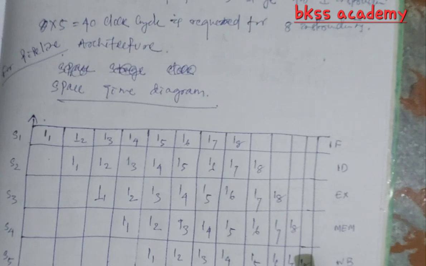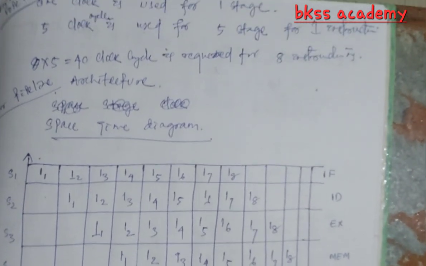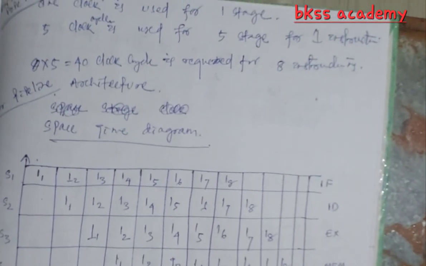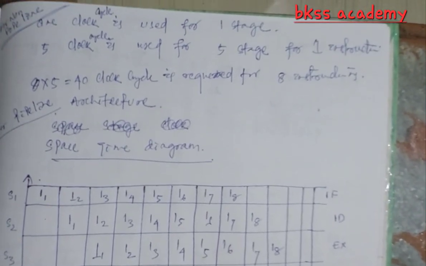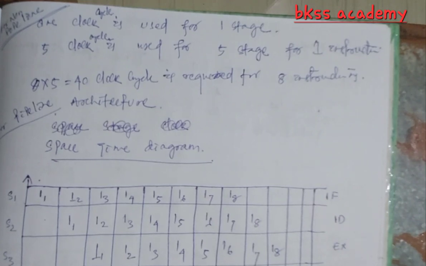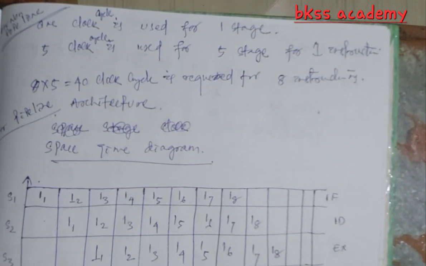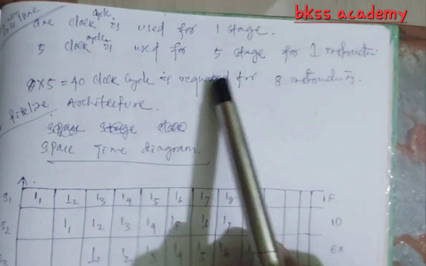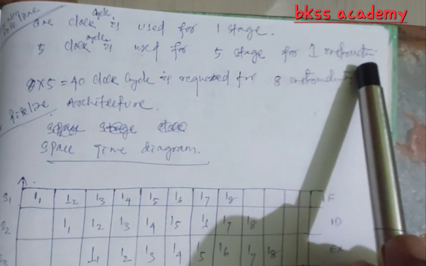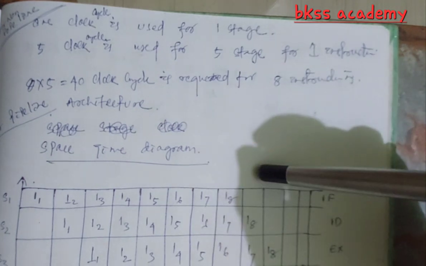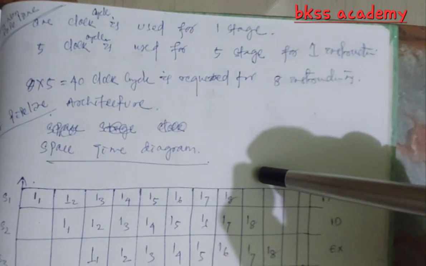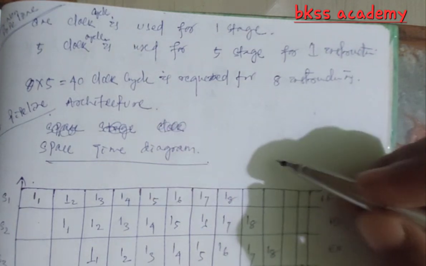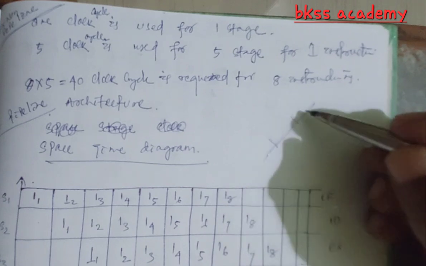One example is given here. This is the diagram, and for non-pipeline, one clock cycle is used for one stage. So 5 clock cycles are used for 5 stages for one instruction. Suppose this is the CPU having this number of stages.